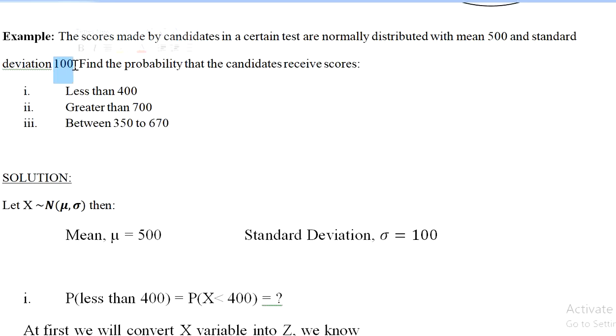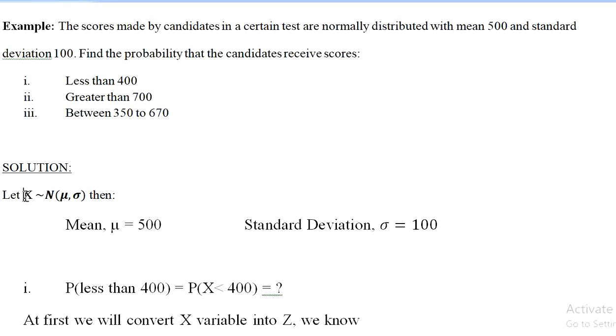In this example we have mean 500 and standard deviation 100, which is a clear indication that the given random variable is normal. It's not standard normal. So let's move to the solution.